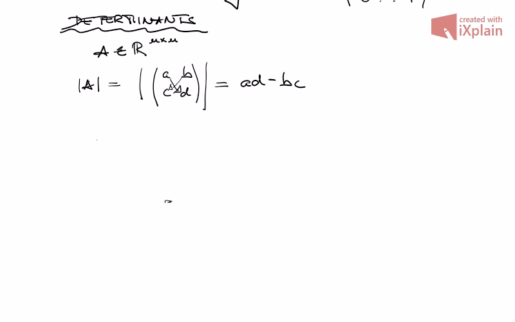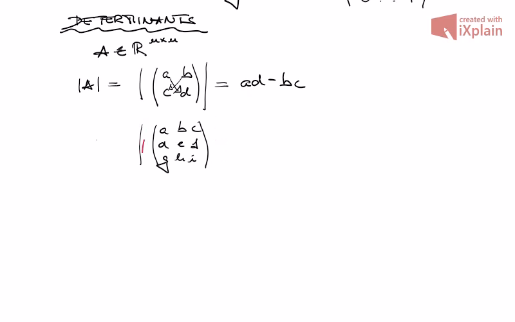You might also remember if you have a 3 by 3 matrix, with A, B, C, D, E, F, G, H, I, that there was something called Sarrus' rule.